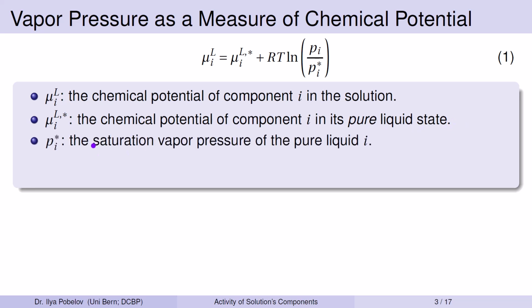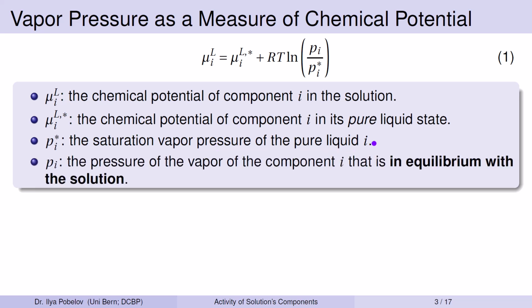The term p_i* denotes the saturation vapor pressure of the pure liquid i, and p_i is the pressure of the vapor of the component i that is in equilibrium with the solution.